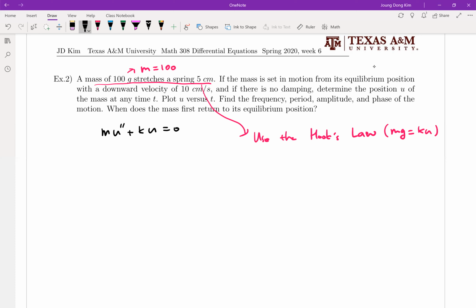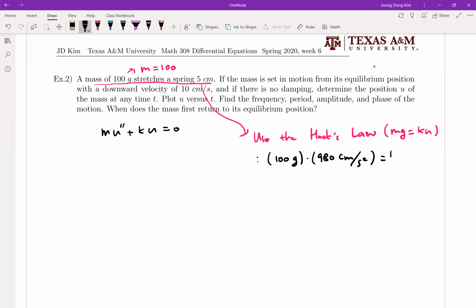So m is 100 gram, and for this case they are using centimeter instead of meter. So your gravity is 9.8 meter per second squared, which in this case is 980 centimeter per second squared.